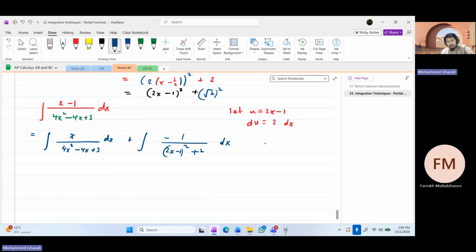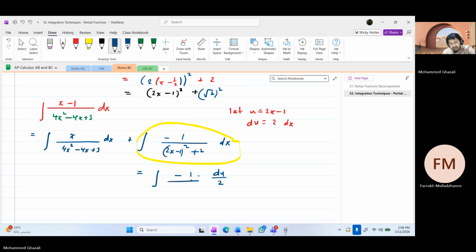Okay, so du is equal to 2 dx. So basically, I'm solving this part of the integral, right? That's the integral of negative 1 du. What is dx? du over 2. And what am I left with here? That's basically u squared plus root 2 squared.